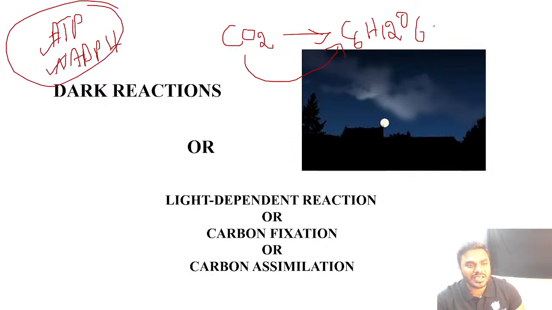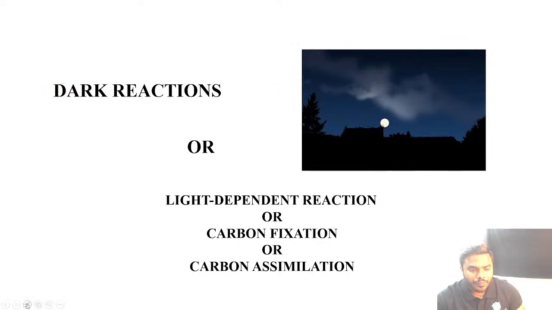First we synthesize the ATP and NADPH. Then, by using this ATP and NADPH, the plant reduces the carbon into glucose. That's a simplified point. We already produced the energy, and by using that energy, the plant fixes carbon into glucose.